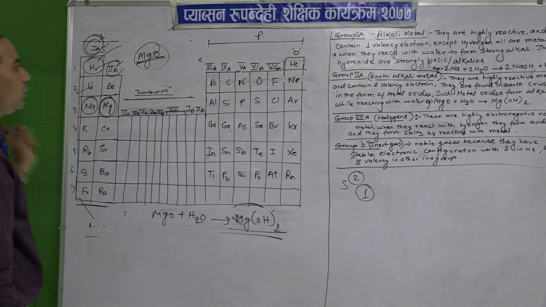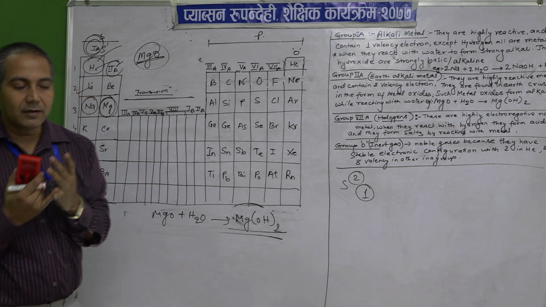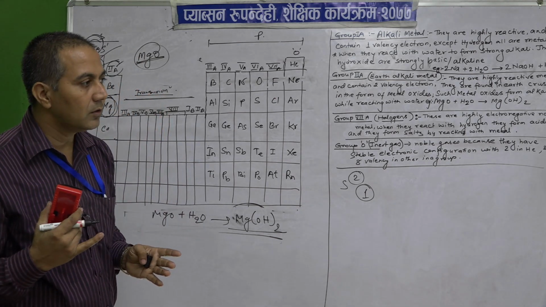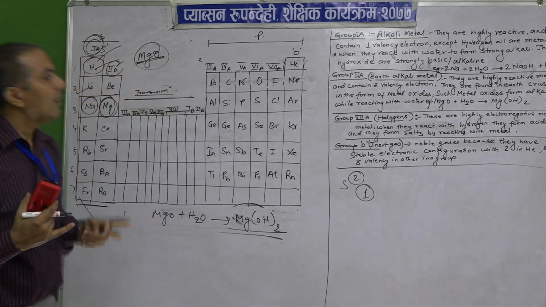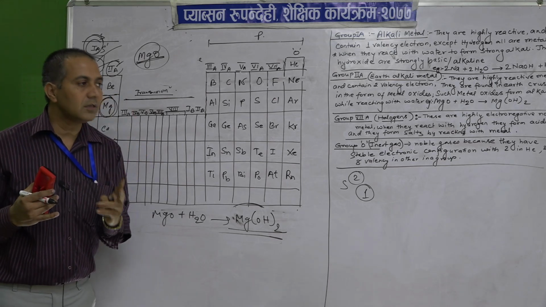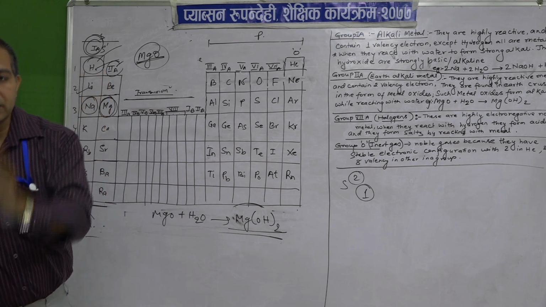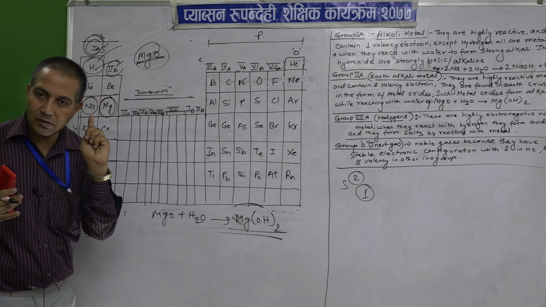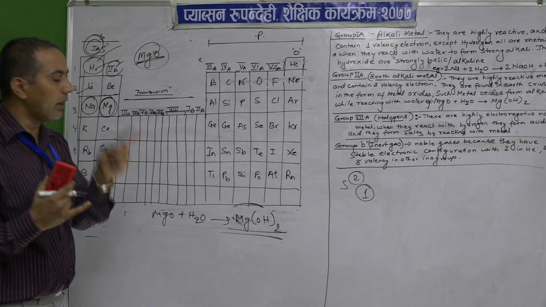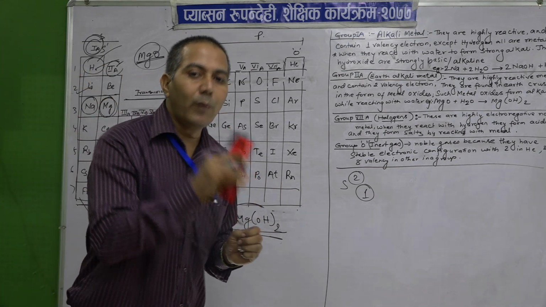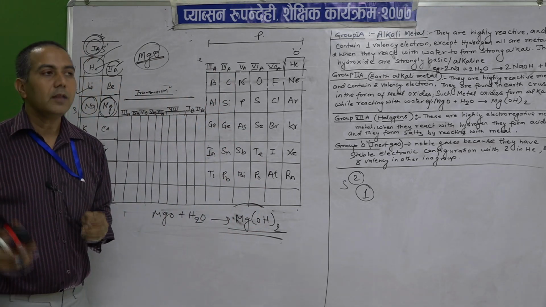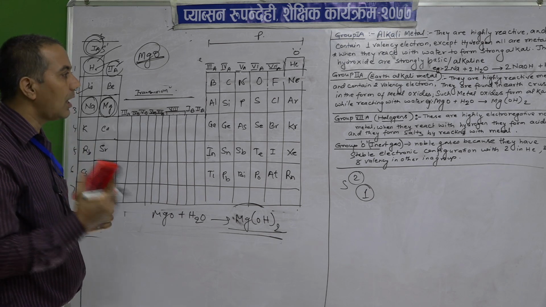So, group 2 consists of metals. The valence shell contains how many electrons? 2 electrons, and they are called alkaline earth metals because they are found inside the earth's crust in the form of metal oxide, and when they dissolve in or react with water, they form a base or alkali.